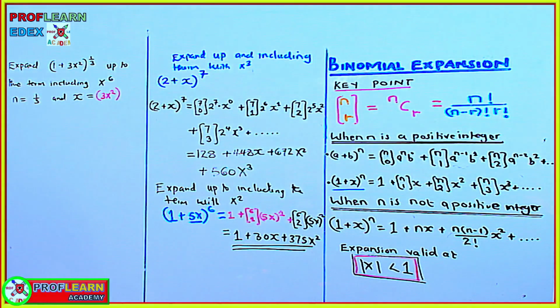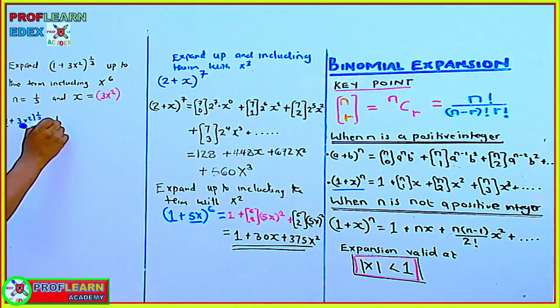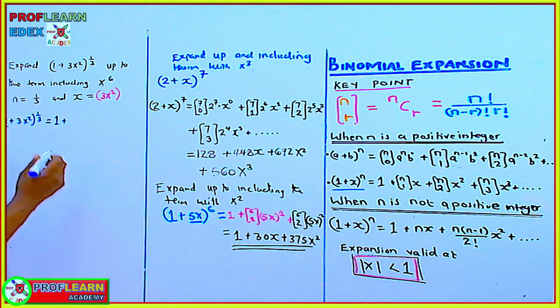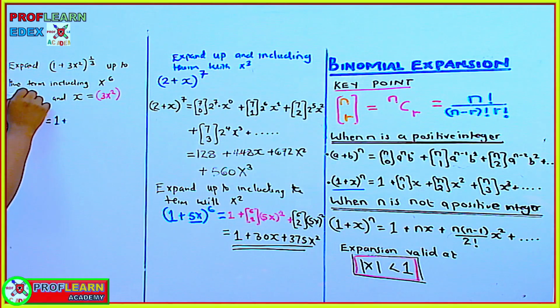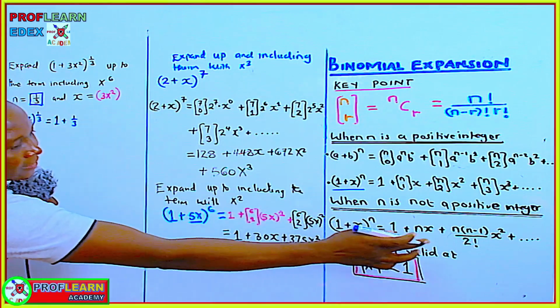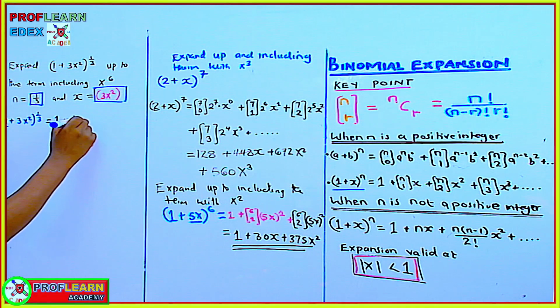Now, 1 plus 3x squared raised to power 1 over 3 is going to be, the first term is going to be 1. And this is going to be 1 plus the second term, which will be nx. Our n is 1 over 3, and our x is represented by 3x squared.